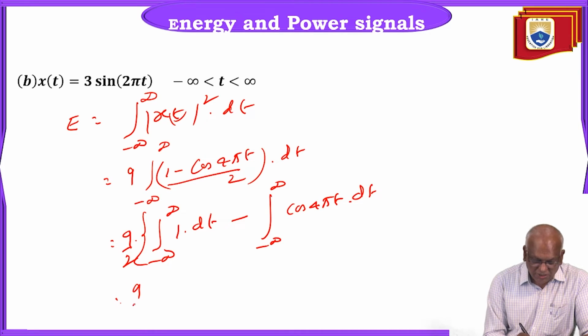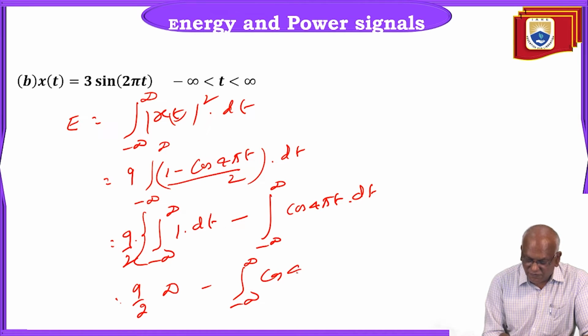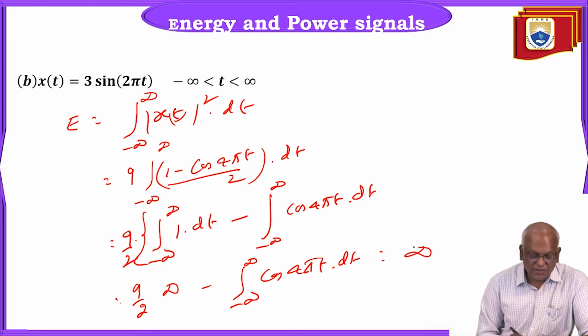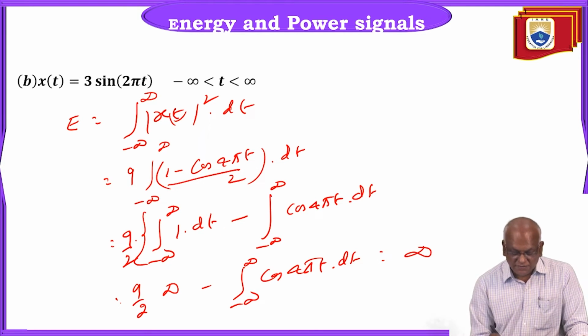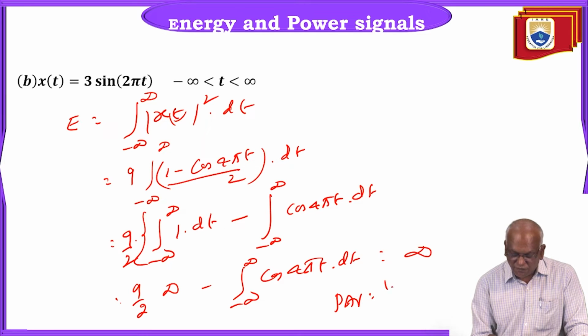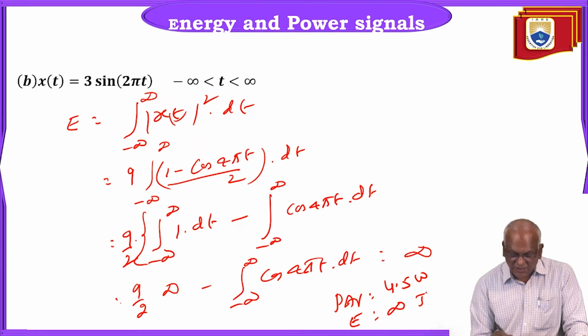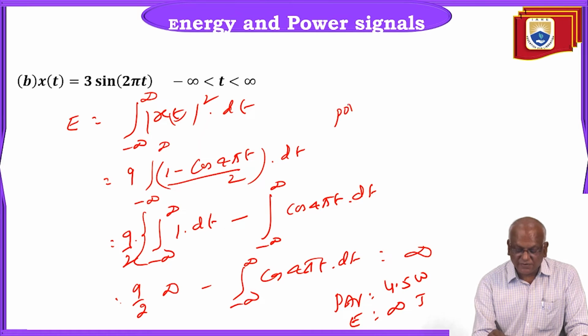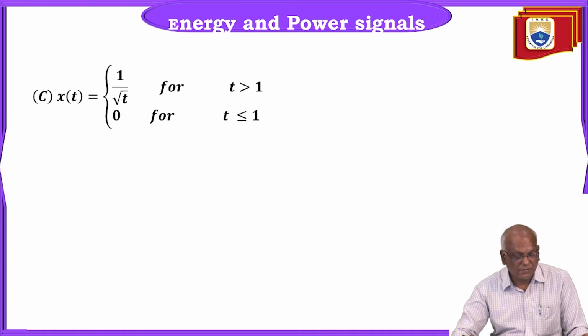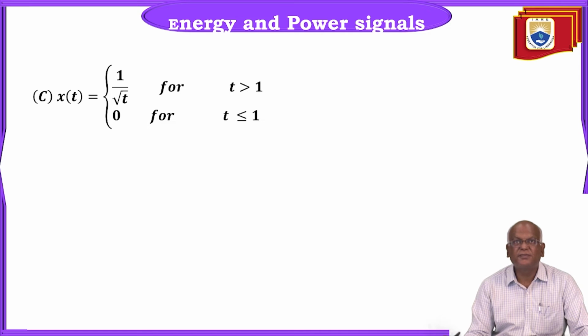By substituting this value, the first integral becomes infinity, and the integral of cos of 4 pi t into dt, this entire value becomes infinity. So for these signals, the average power equals 4.5 watts and the energy value becomes infinity joules. That's why the signal is called a power signal. The x of t signal is called a power signal. It's the c bit.